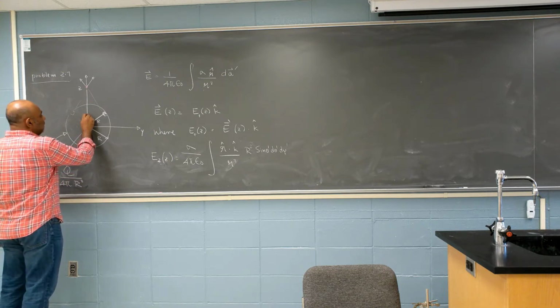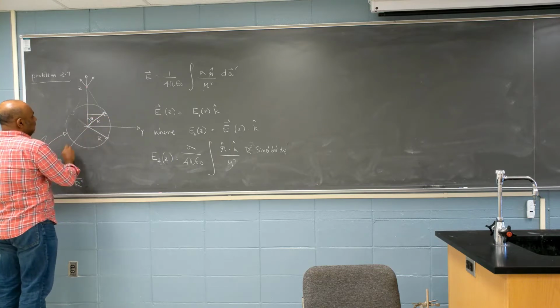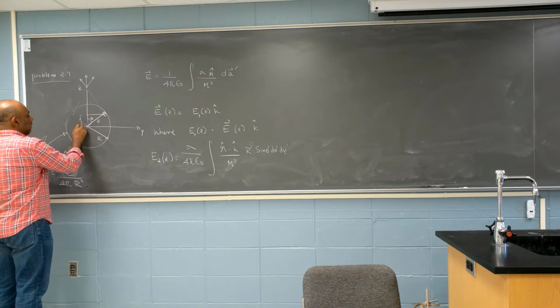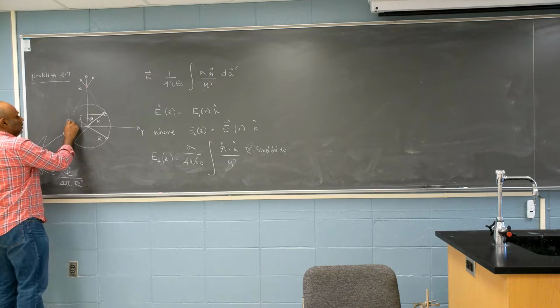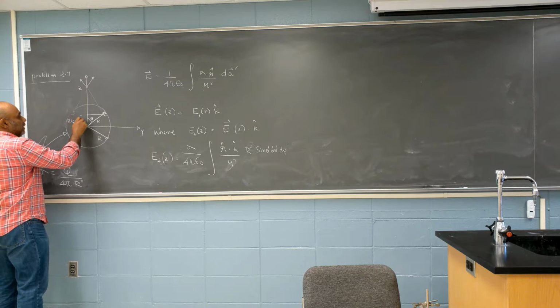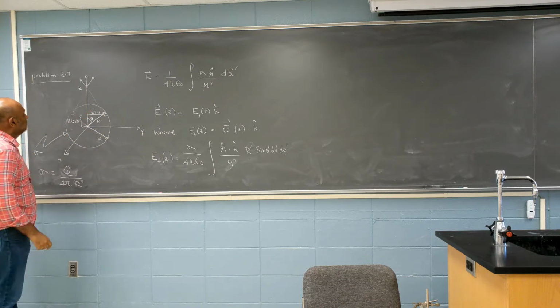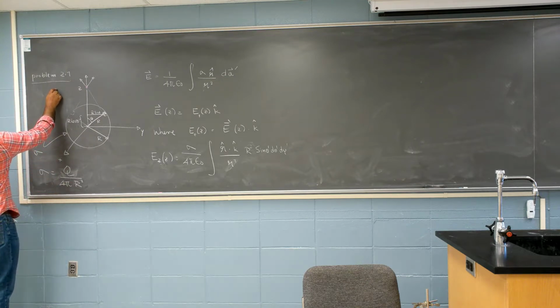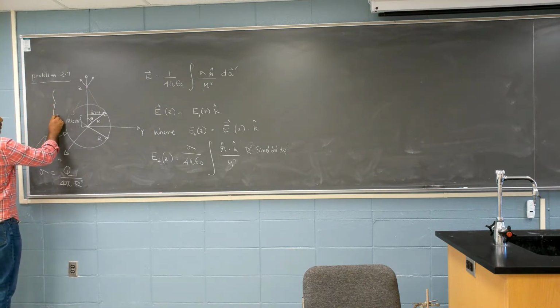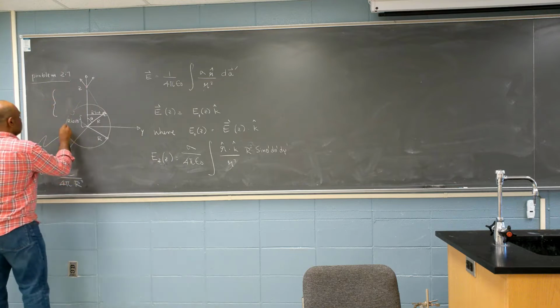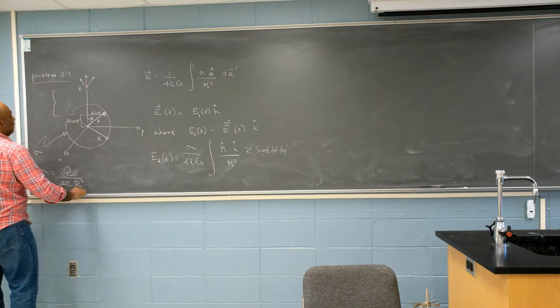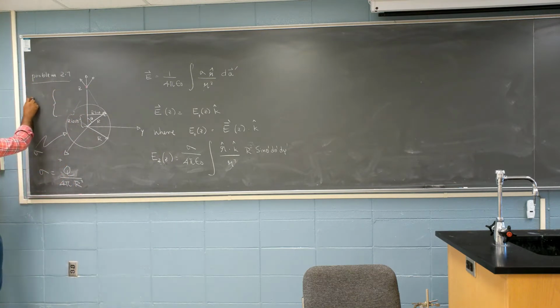Therefore, this side is r cosine theta, and this is r sine theta. From here to here is z minus r cosine theta.